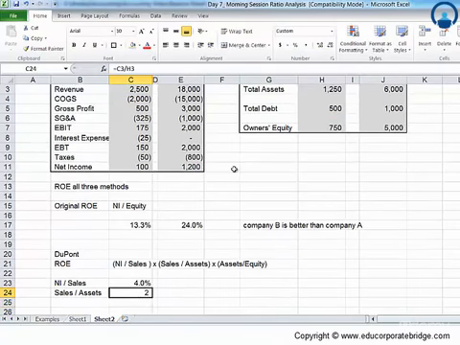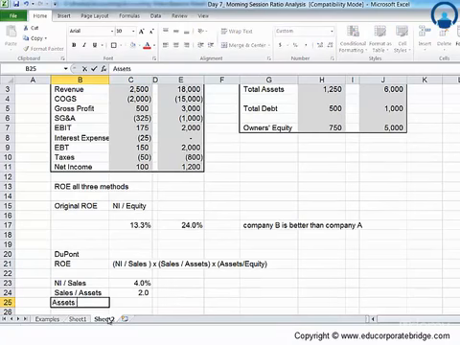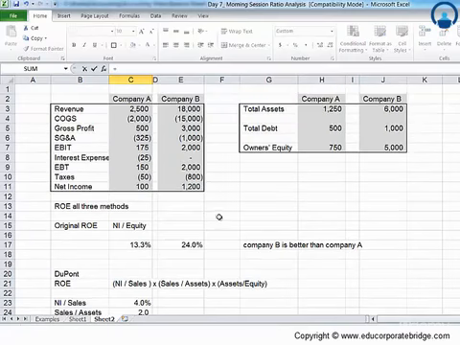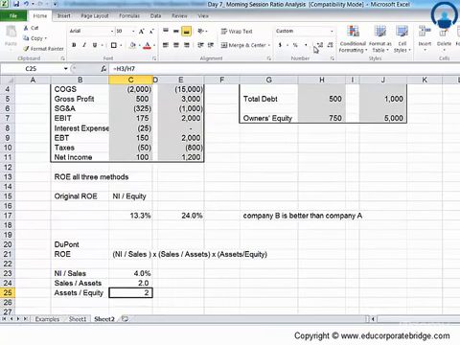So this comes out to be 2.0. And what about assets divided by equity? Total assets is 1250 divided by 750, that is the owner's equity. So this number comes out to be 1.7.